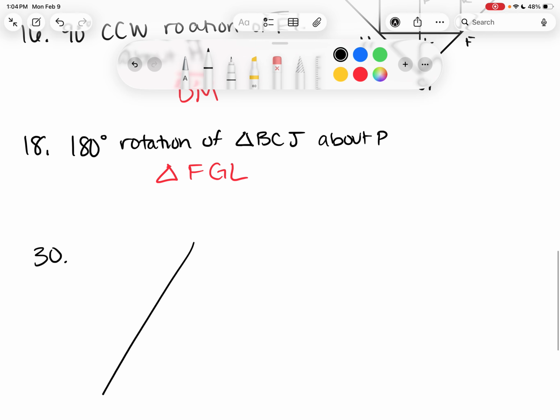So I have a line here. Have a line here. That's a complicated one. Wait, do we have to draw that? No, I'm just trying to get it so you can see it.